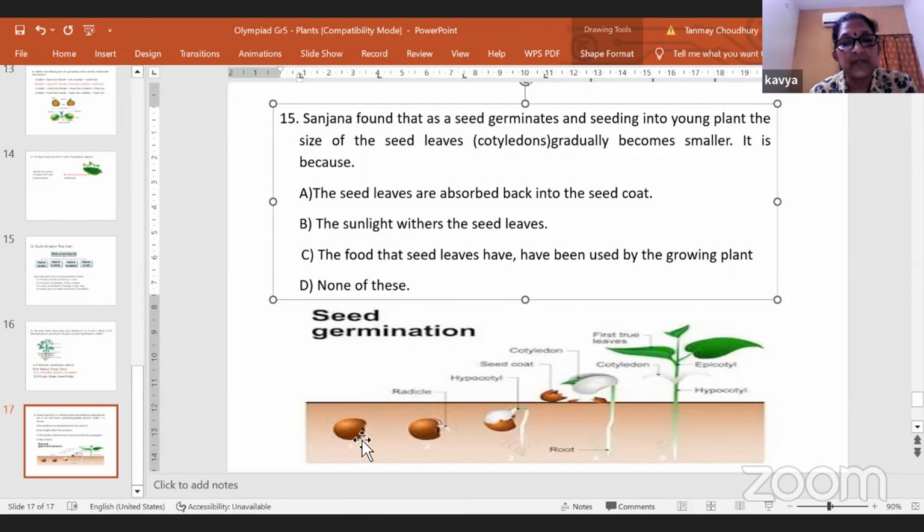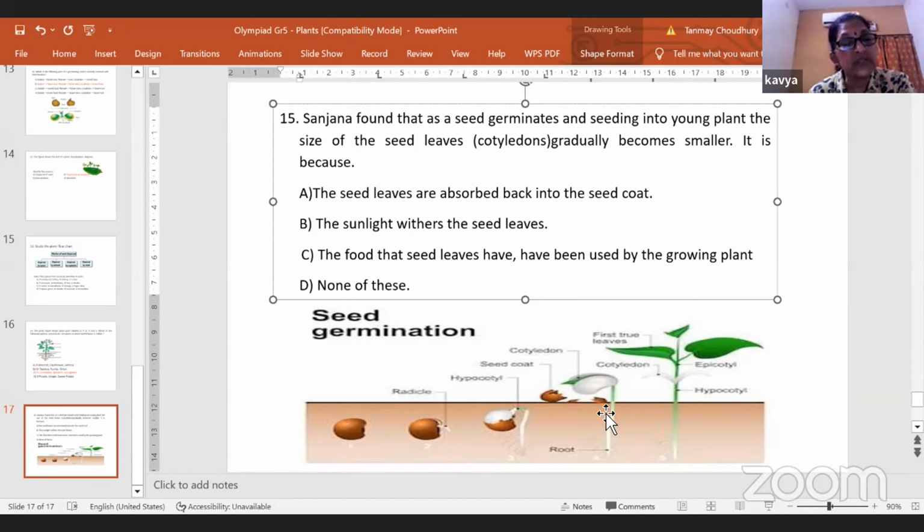Because now see, this is the seed. Once it soaks water, the seed coat splits and the first part that comes out is what? The root. That is the radicle. Then the radicle grows down and then what comes out is the shoot.